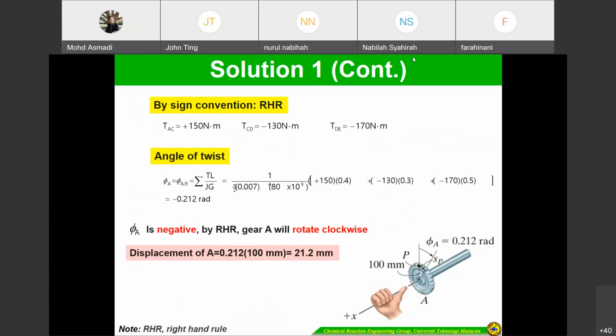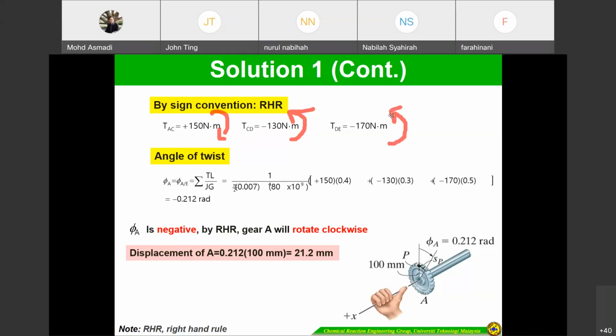This side, and then this side, and then this side, right? So this one is negative. This one, this side. It's the same.